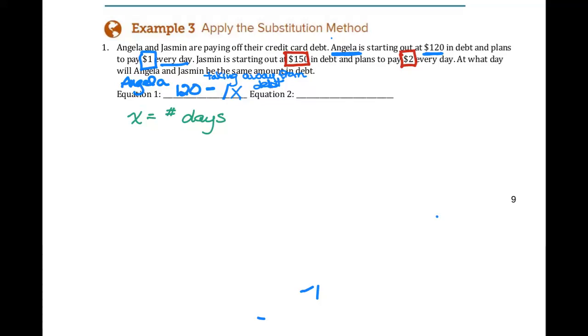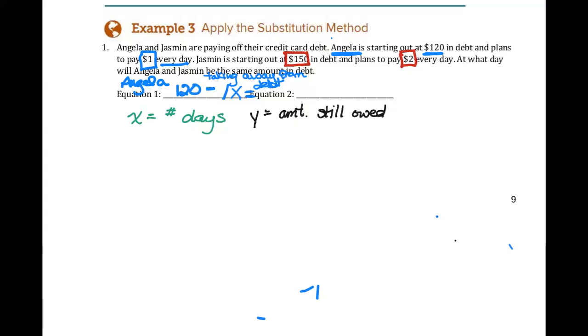In between anything here? To the left, to the right? Okay, we can put it to the right. So equals, and what is that going to be equal to? If X is the number of days, Y is going to be the amount that is still owed, right?